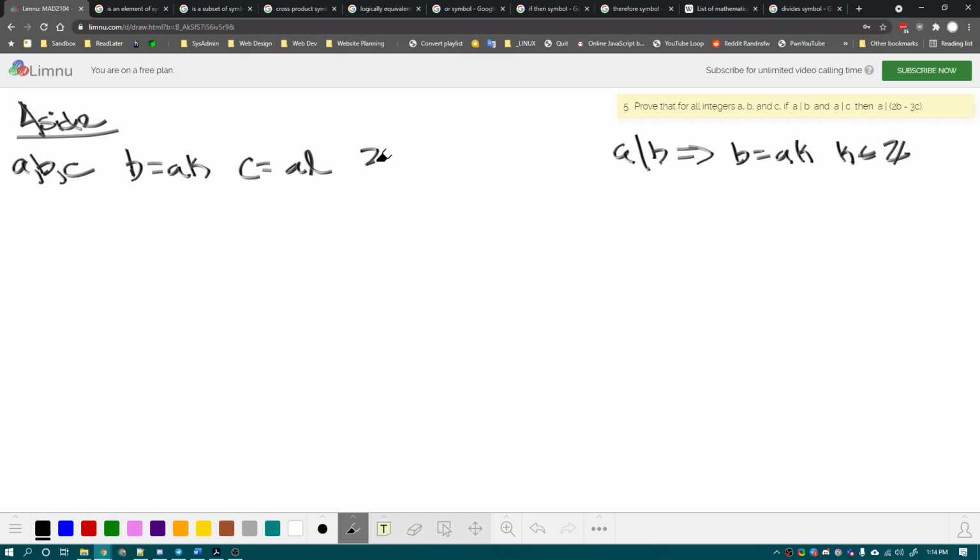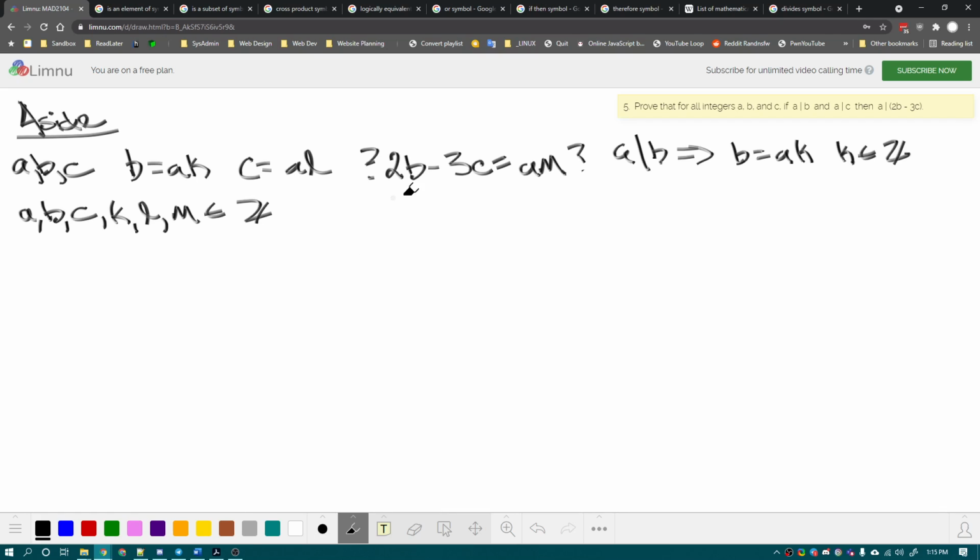And the question that I'm asking is 2b minus 3c is equal to A times M. And this is for all integers A, B, C, K, L, and M. Okay?